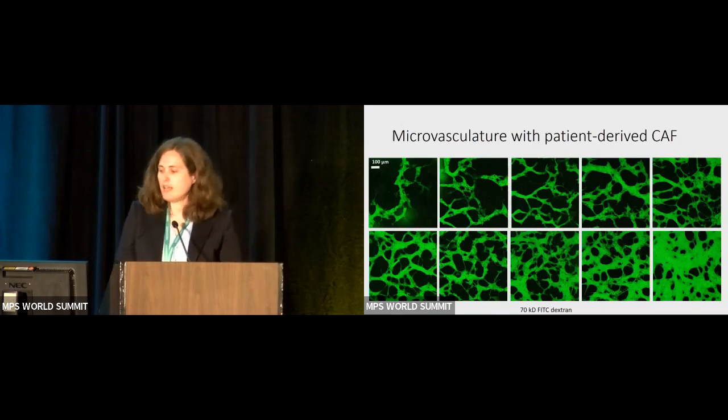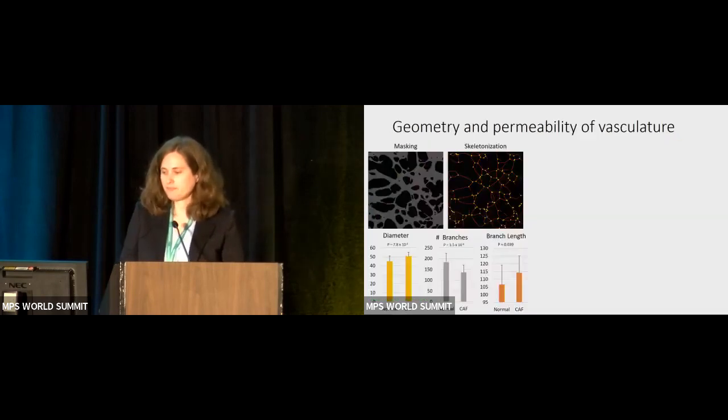So I took a subset of all my patient-derived fibroblasts, and I compared that to the normals, and I started looking at different aspects of the vasculature, including the morphology and the permeability. To look at the geometry, I used a program in MATLAB called AutoTube in order to mask and skeletonize the vessel projections in 2D in order to quantify the mean diameter, the number of branches, and the branch length.